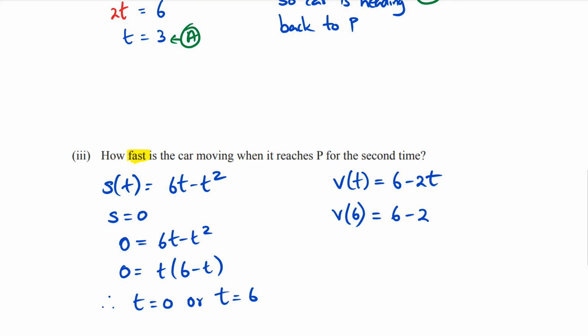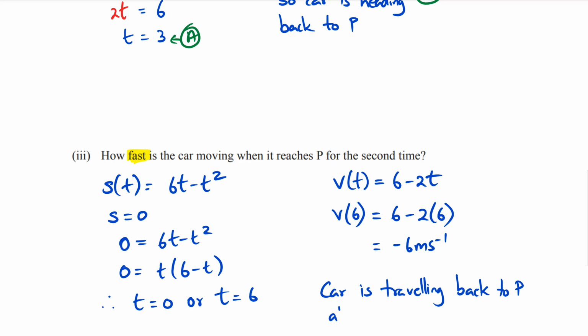That's 6 minus 2 times 6, which gives us negative 6 meters per second. Remember that the car is coming back to P. That's why the velocity is negative 6. We need to write that somewhere and say the car is traveling back to P at 6 meters per second.